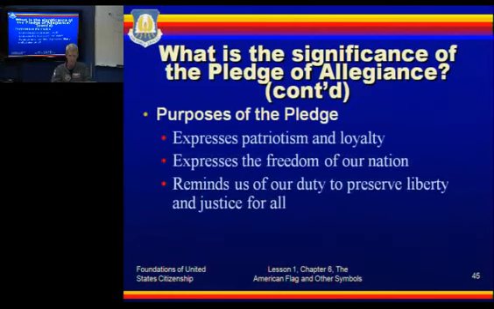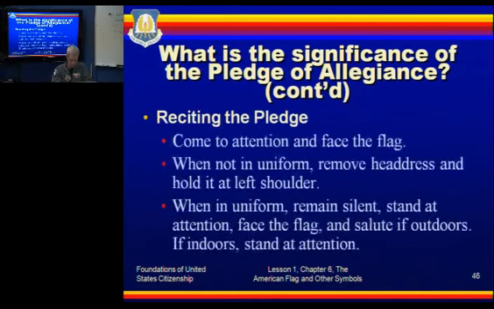But just realize the Pledge of Allegiance is pretty unusual. We don't do that in the other places. And let's see this: salute if outdoors, when in uniform. So nowadays, like I said, this has changed. And when you say the Pledge of Allegiance, veterans may salute in and out of uniform.